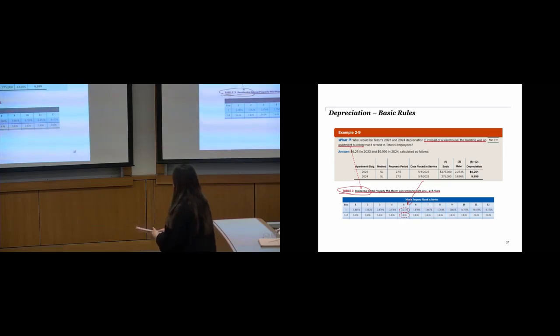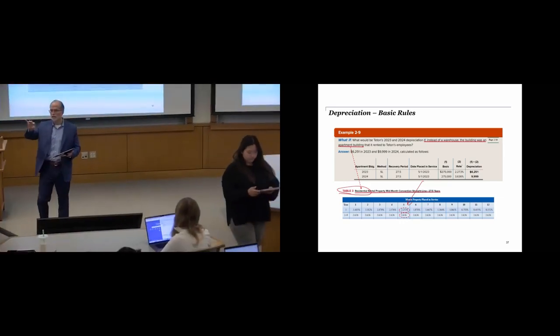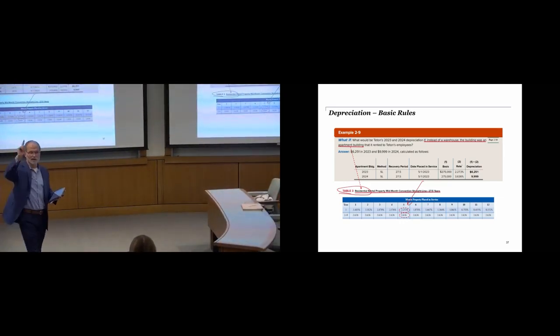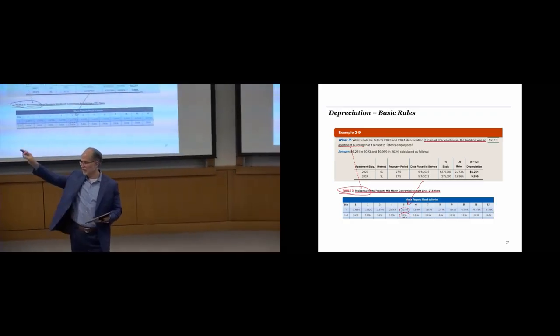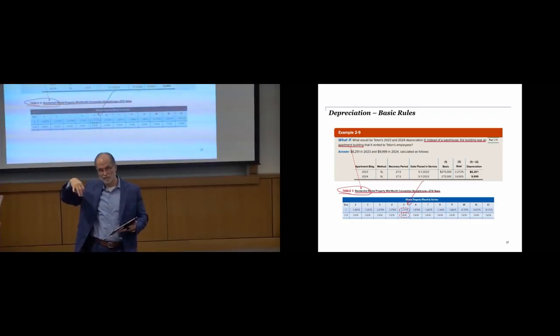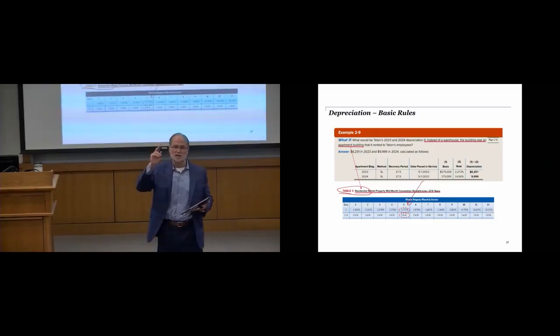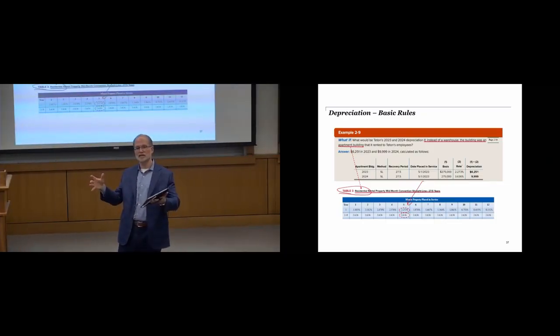You got it, so you've got to be on the right table. So now I've got my tables lined up right. Table 1 was the half-year convention if I fall out of the mid-month test. And table 2 is all of the mid-quarters. So there's 2A, 2B, 2C, 2D for each quarter in that year. Table 3 is the table for residential.